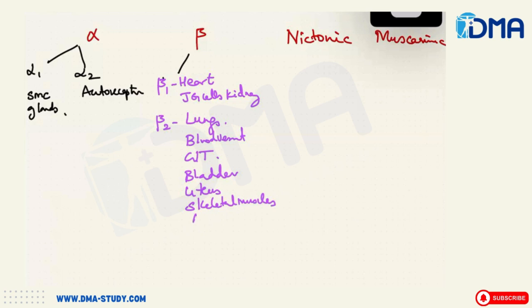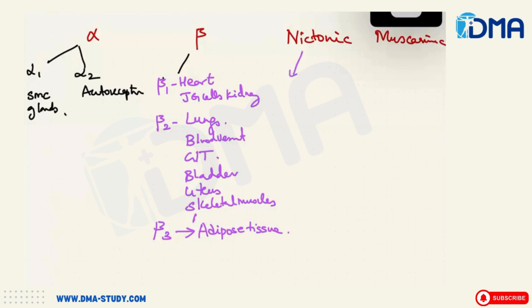All right. Then beta 3 will be seen mostly in the adipose tissue. How about the nicotinic receptors?